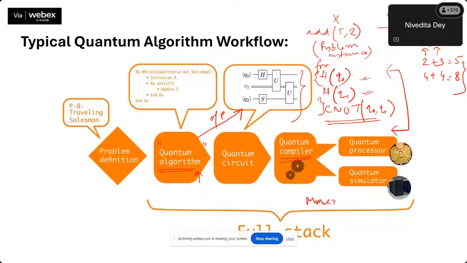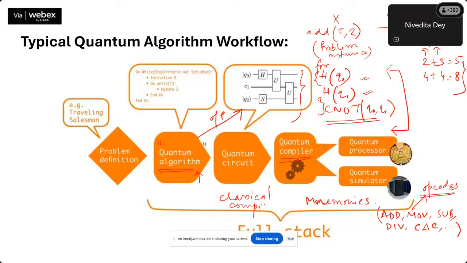These were the output, like add, move, sub, carry, these were symbols, right? And they have their specific opcodes, and operands of course. And I think in QT-00 also you have some digital logic and computer organization, so you must be knowing it. So it's a part of the classical compiler.